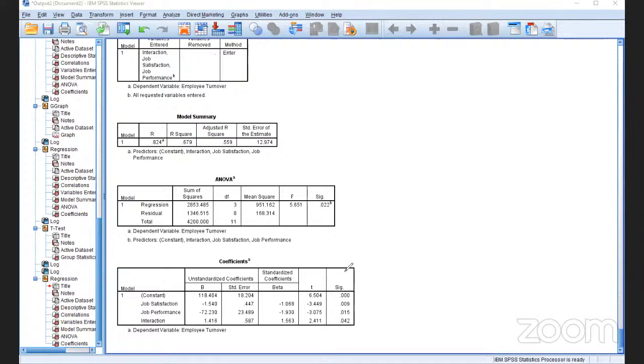Job satisfaction is significantly contributing, job performance is significantly contributing, and interaction is significantly contributing. For job satisfaction, what is the p value? The p value is less than 0.05, which means significant.